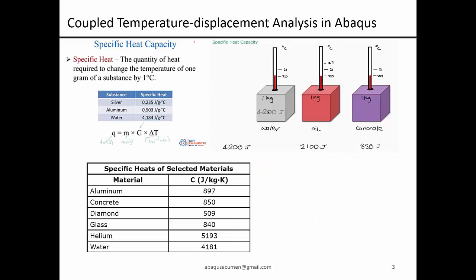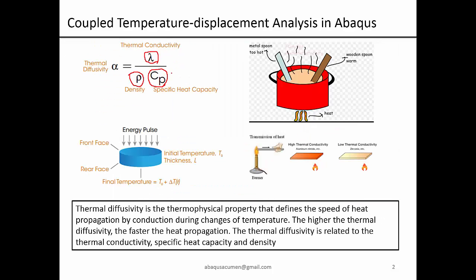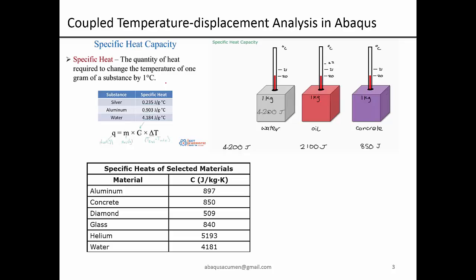Now specific heat. This is a very important term, and a lot of people get confused because of the word specific. Specific heat, if you understand this equation, is heat equals mass into specific heat into temperature change. If you want to raise the temperature of 1 kg of mass by 1 degree, whatever heat is required to raise that temperature by 1 degree is called the specific heat.